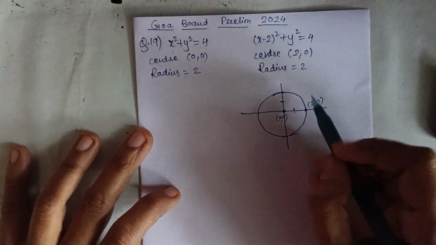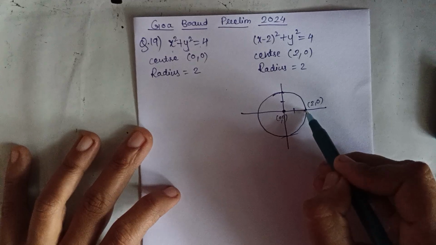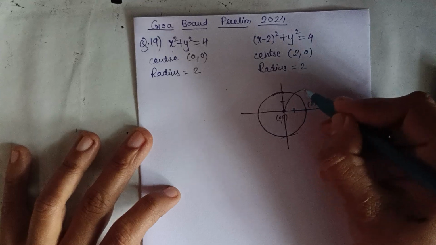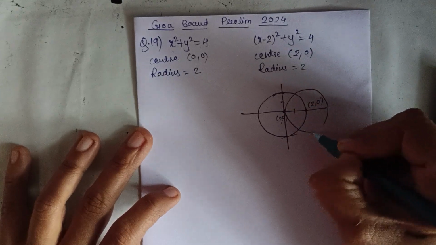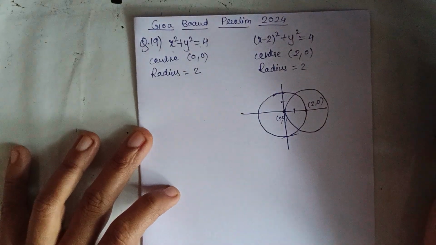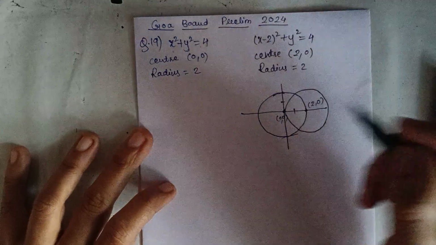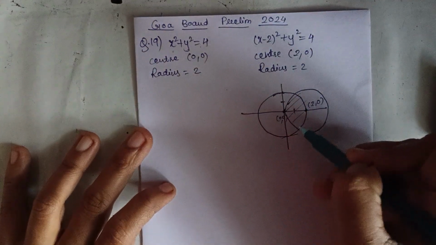Then here, this is the center of another circle with same radius. So this will be like this. And you have to find the common region. This area you have to find.